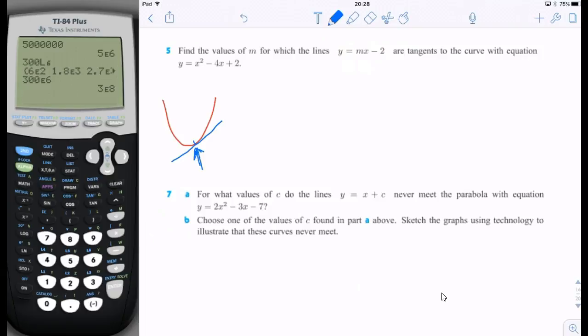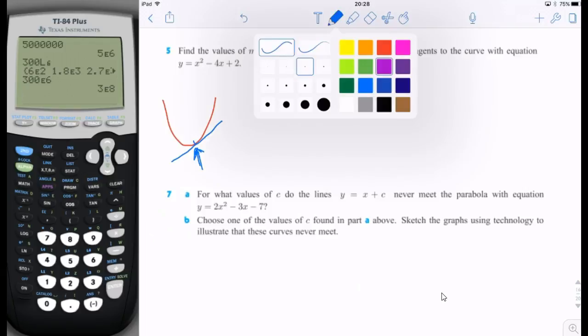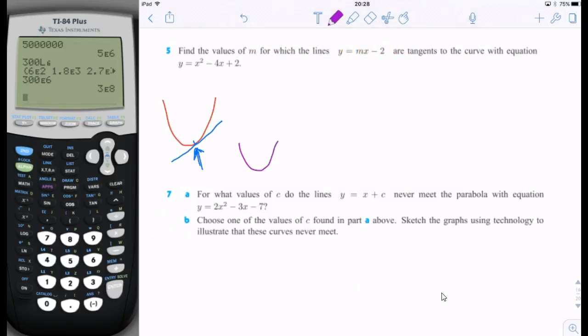For example, if I take the red equation, set it equal to the blue equation, and simplify it into a purple equation, which is also a parabola but a different parabola, this parabola touches the x-axis at the same x value that the red and the blue touch each other. Okay, so just keep that in mind.